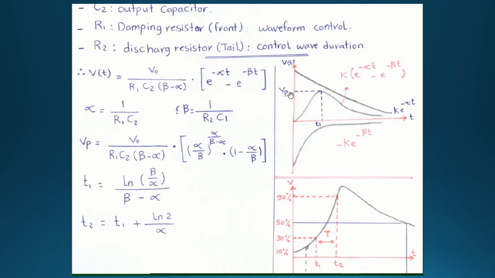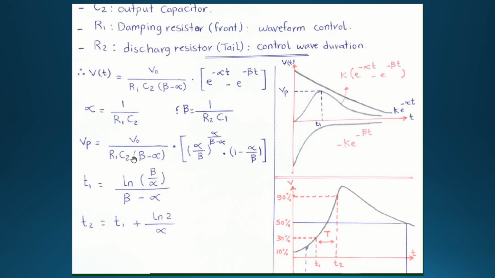So the peak value will be equal to V output divided by R1 into C2, open the bracket, beta minus alpha, and multiply by alpha divided by beta to the power alpha divided by beta minus alpha, and into 1 minus alpha divided by beta.